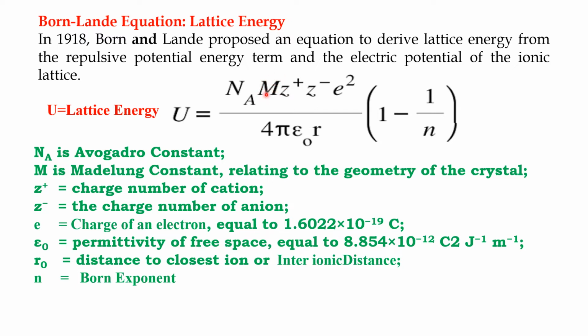It depends upon the geometry of the crystal, whether it is a BCC, FCC, or something like that, or trigonal, or orthogonal, or a simple cubic lattice, etc. Z+ and Z- are the charges of the cation and anion respectively. e is the charge of the electron, and epsilon is the permittivity. r0 is the interionic distance or the bond distance in that particular ionic compound, and n is a constant called the bond exponent.